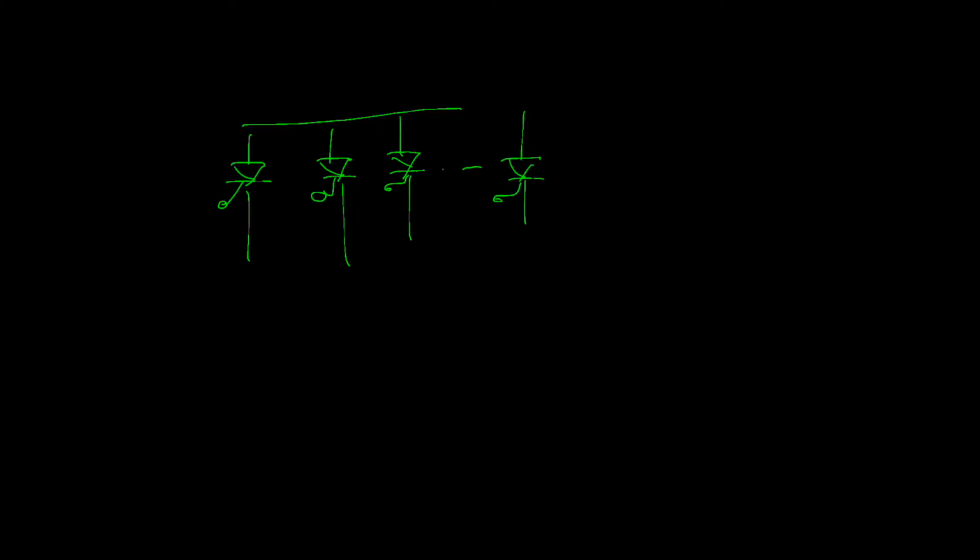See, if we consider n number of SCRs, suppose this is SCR1, this is SCR2, this is SCR3, and this is SCRn, n number of SCRs connected in a string in this way. And this is the string voltage, defined by Vt, the terminal voltage across all SCRs.